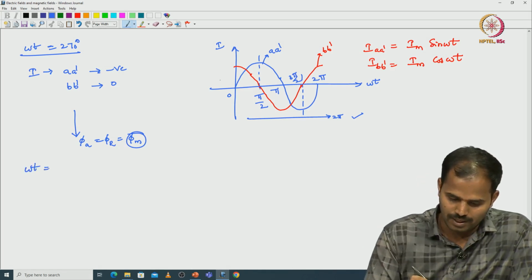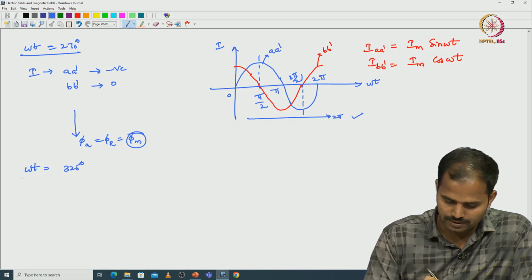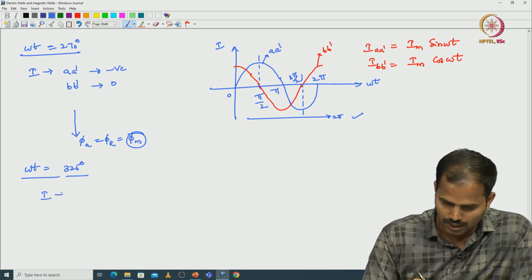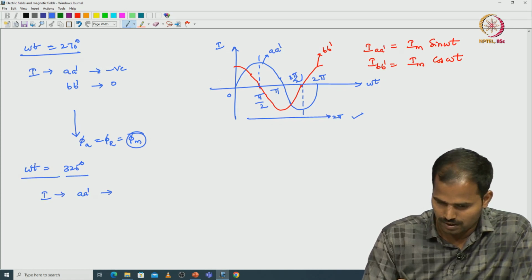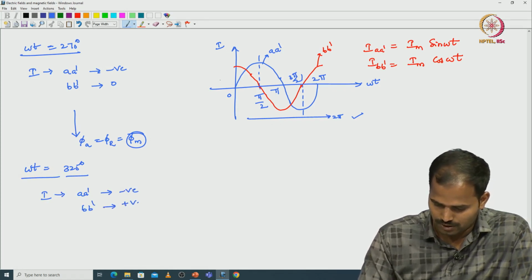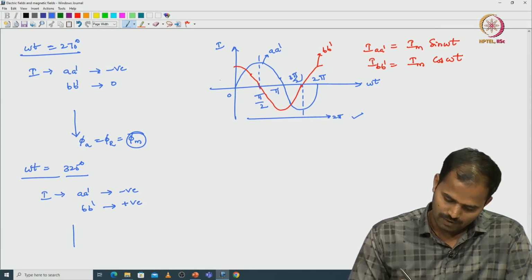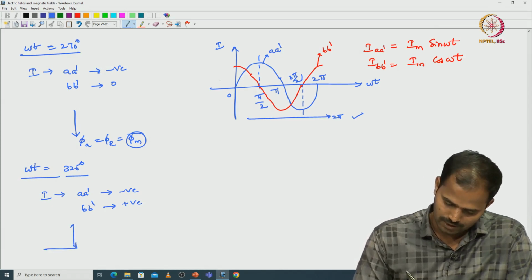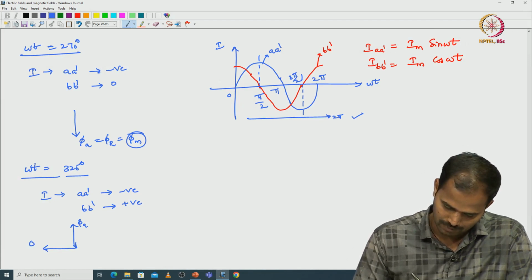And at omega t equals 325 degrees, current to the A dash coil is negative, B dash coil is positive. So, our reference vectors I will draw first, this is phi a and phi b.